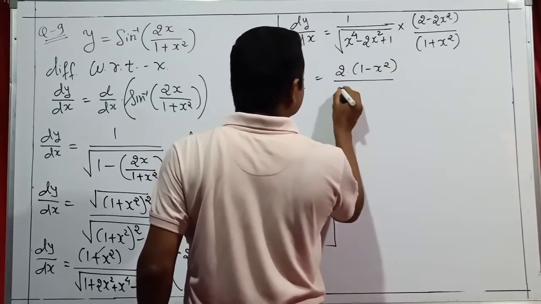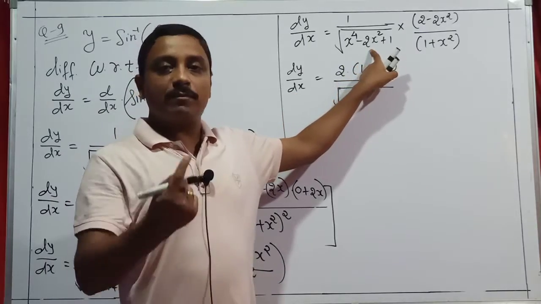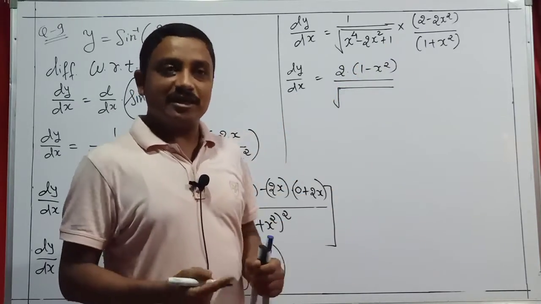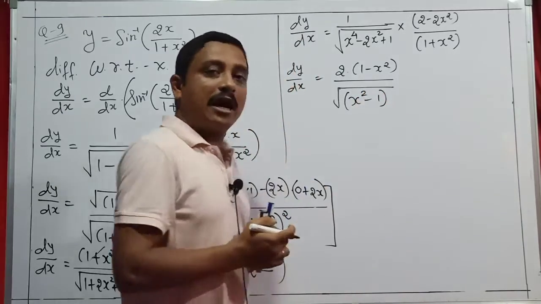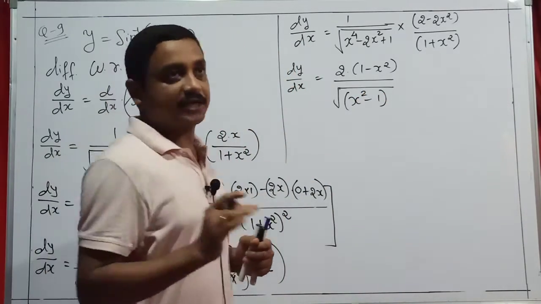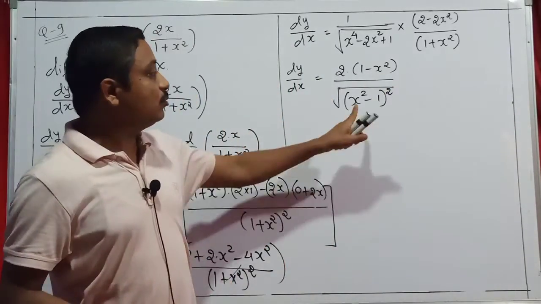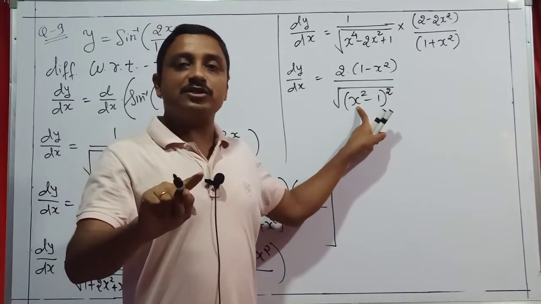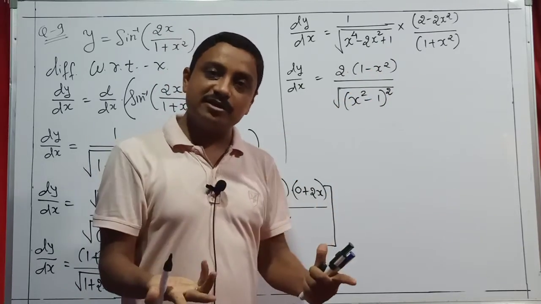And now can you judge, students, what is the perfect square for this x raised to 4 minus 2x square plus 1? Yes, maybe x square minus 1, or 1 minus x square, because both answers are true. X square minus 1 whole square gives the same result, and 1 minus x square gives the same result.